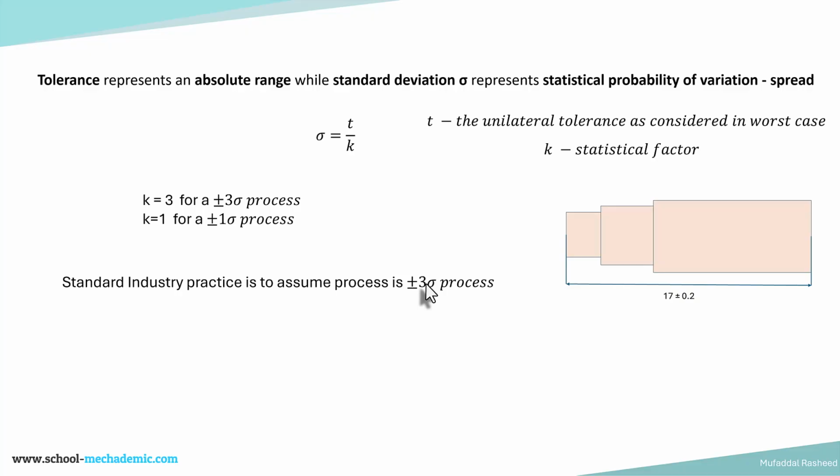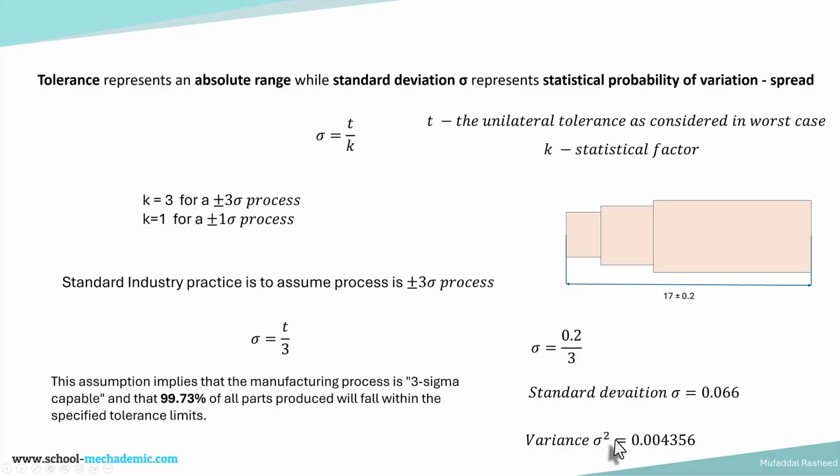Generally, for standard industry processes, a plus or minus 3 sigma process is considered for calculations. So in that case, sigma is equal to T by 3. Over here, if I want to calculate this sigma, then sigma is equal to 0.2 by 3, which is nothing but 0.066, which will be the standard deviation of a process used to manufacture a part having this specification.